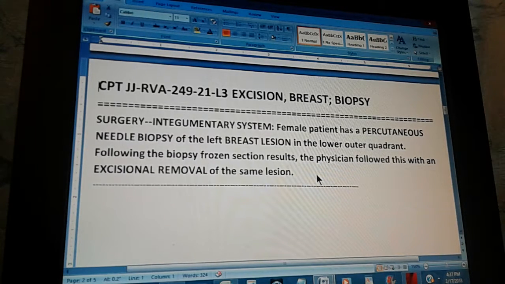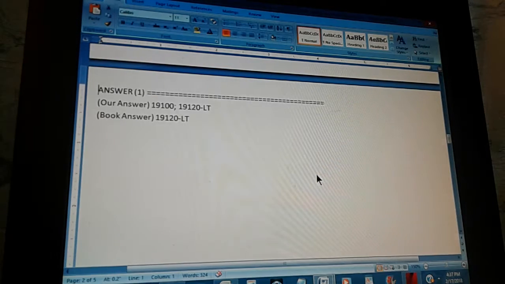Right? Okay, so there's a biopsy first, and there's an excisional removal of the lesion, right? So we are going to count to 3, so you can pause the video and give us the CPT code for this procedure, right? So 1, 2, 3.